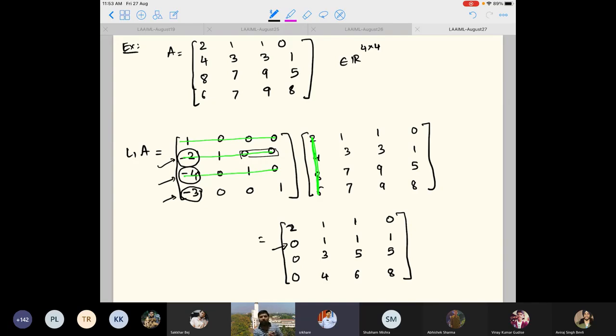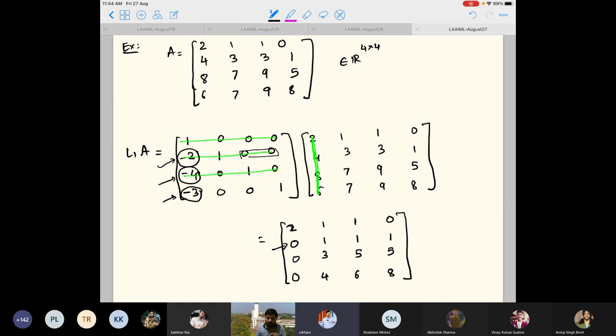Once you know those multipliers, your job is done. This is how I constructed L1. The entries that I wanted to make 0 were A21, A31, and A41. So I introduce L21, L31, and L41 in the identity matrix, right? The encircled entries, exactly at those places I introduced them. I made the entries that I wanted to make 0, and I get this matrix.